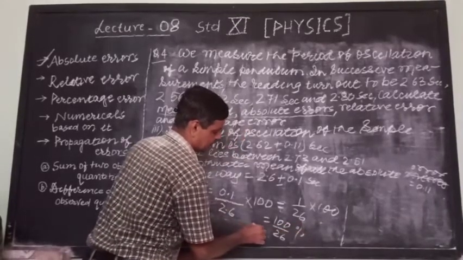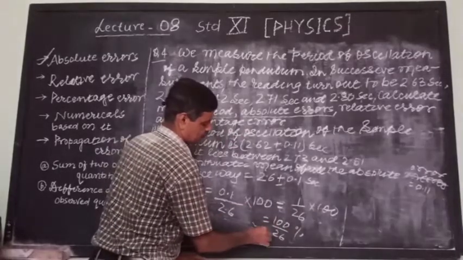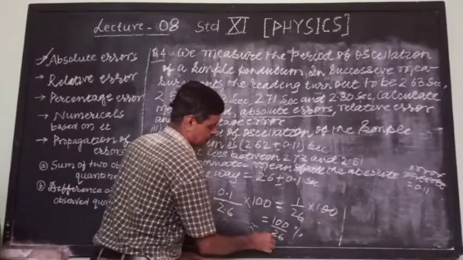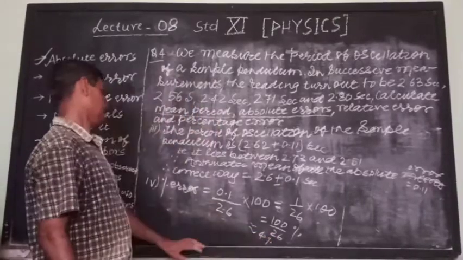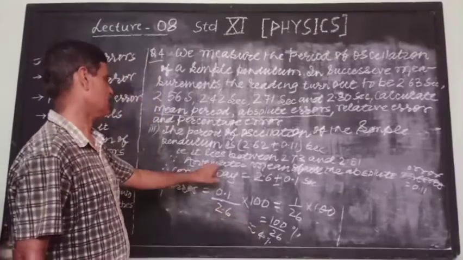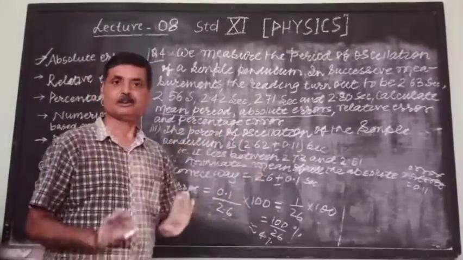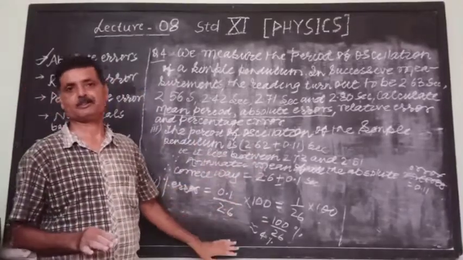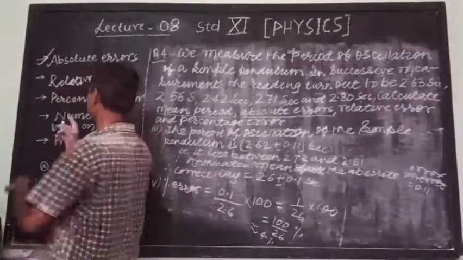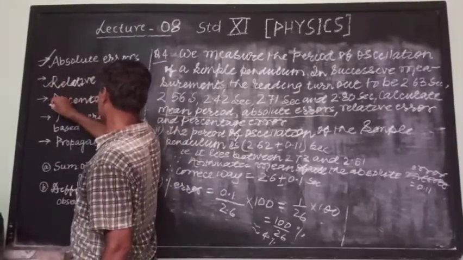It can be approximately written as plus minus 4%. This was the value of the percentage error. These are the examples. There should be no confusion in it. This was relative error, clear, and percentage error.